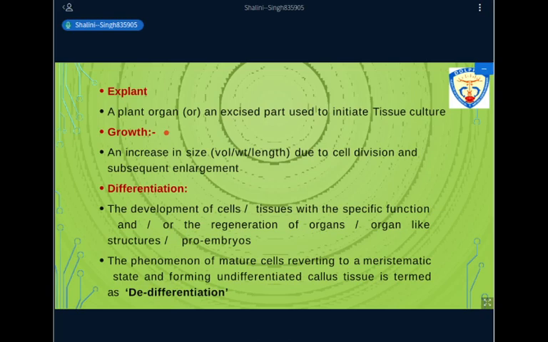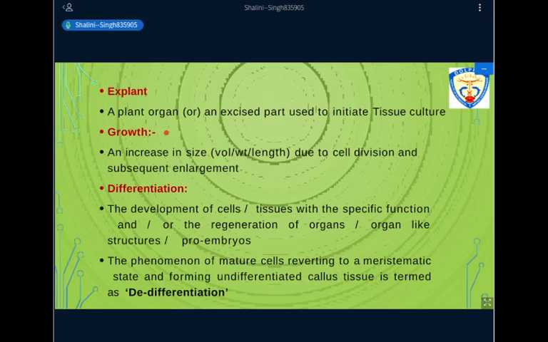It is happening due to repeated cell divisions which are happening in this growing cell, and then there is subsequent enlargement. First the cell will multiply, and then after increasing its number it will enlarge its size.